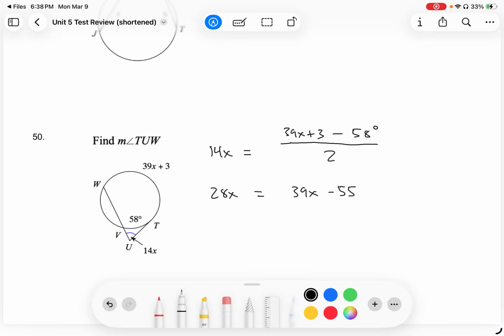So 28 minus 39 is negative 11x equals negative 55. So x equals 5. If x is 5, the measure of angle TUW, which is right here, is 14 times 5, which is 70 degrees. And that's it.